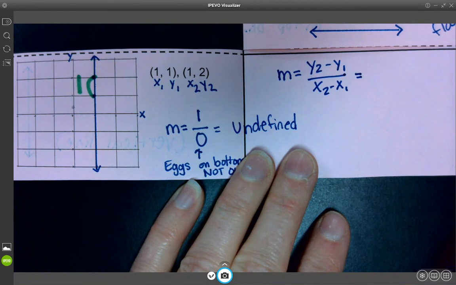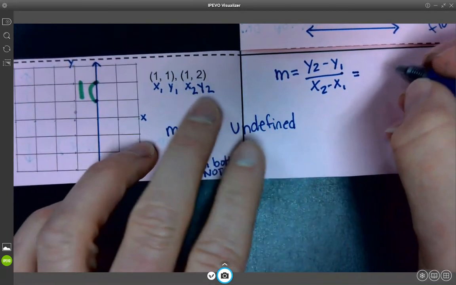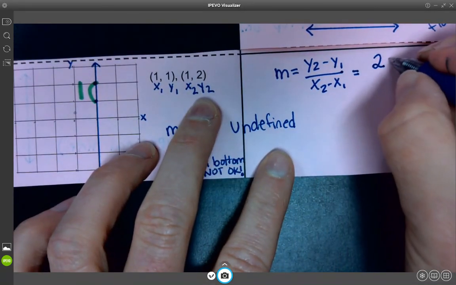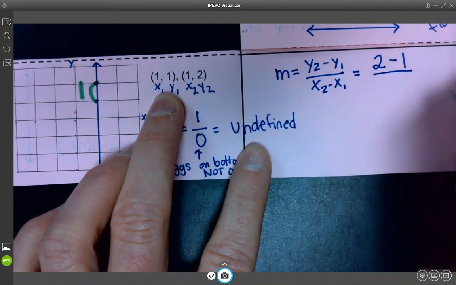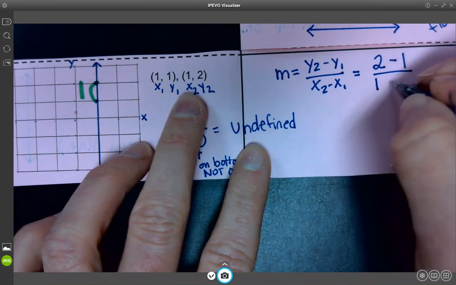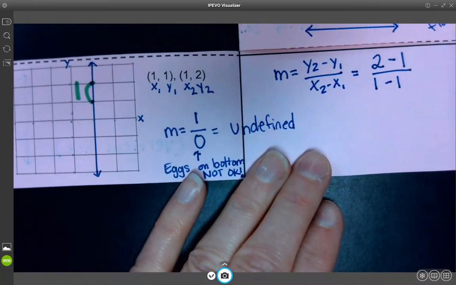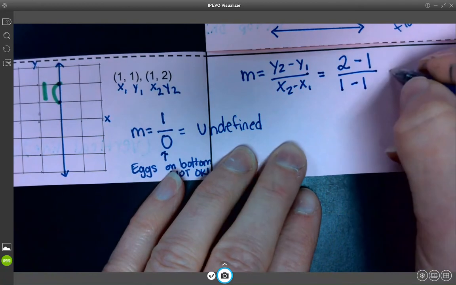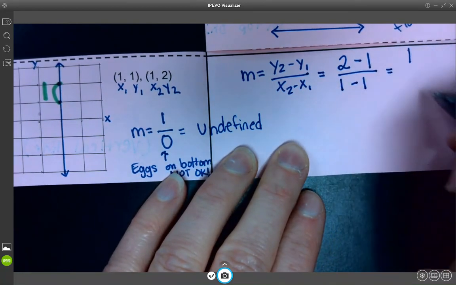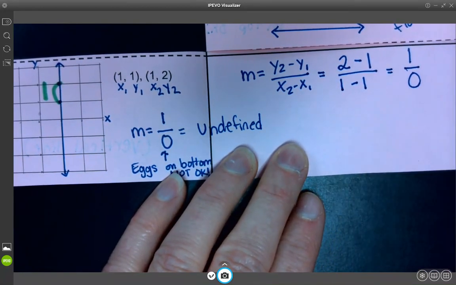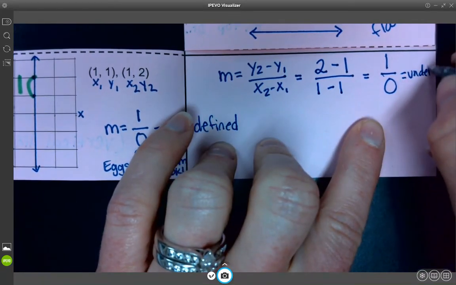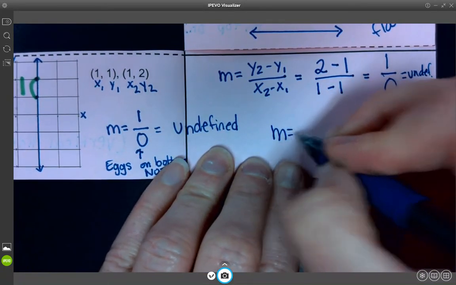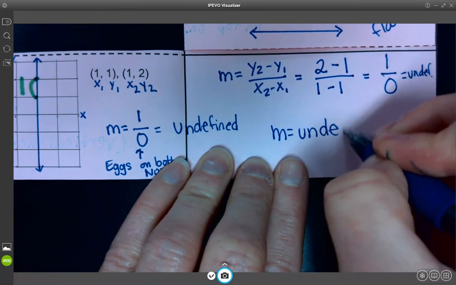So we'll plug in the formula. Y2, 2 minus 1 over 1 minus 1. 2 minus 1 is 1, 1 minus 1 is 0. Eggs on bottom, undefined. M equals undefined.